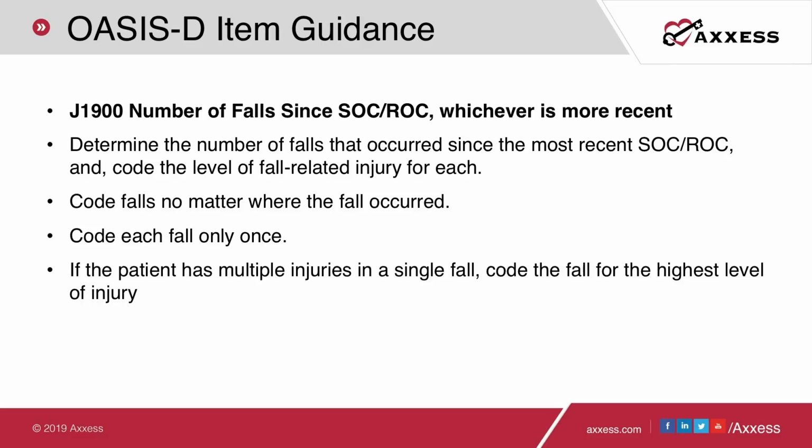They literally mean to look back to the last start of care or resumption of care date and review records from that point on. That might be more than one 60-day episode. But if they've had a fall in that period of time, you're going to code the falls no matter where they occurred, and then you're going to code each fall only once as far as what kind of injury. And if they have multiple injuries in a single fall, you code the fall for the highest level of injury. Okay?